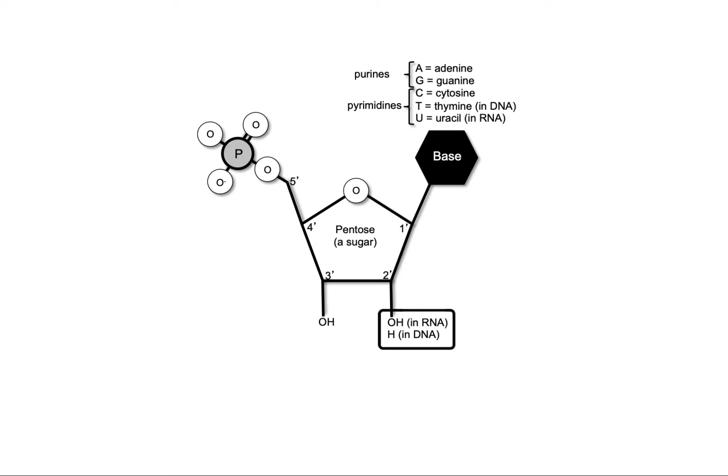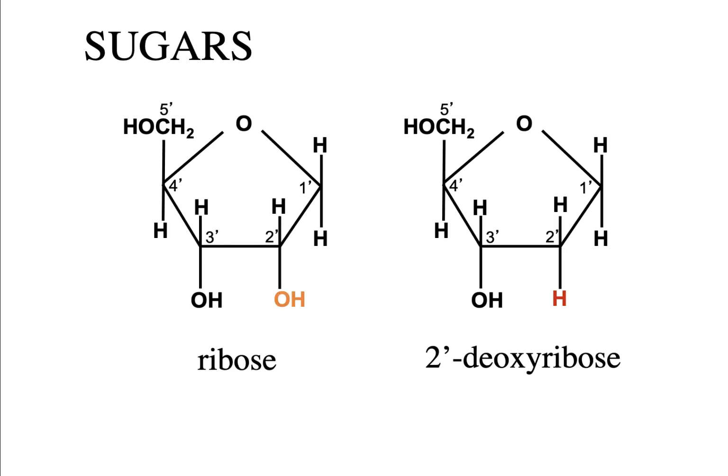the phosphate. And one other difference between RNA and DNA is RNA has a hydroxyl in the 2' position, and DNA has simply a hydrogen in that same position. So here are the two pentoses, ribose with a hydroxyl at the 2' position, and 2-deoxyribose for DNA with a hydrogen in the 2' position.